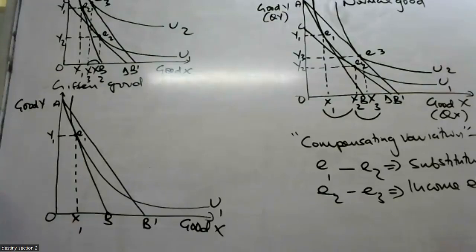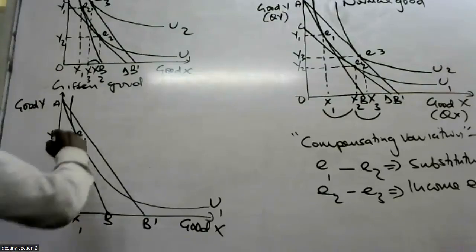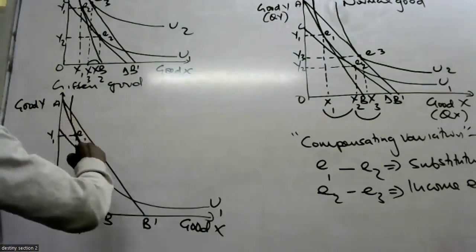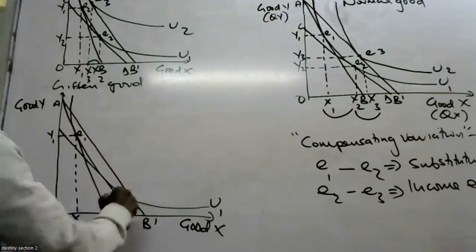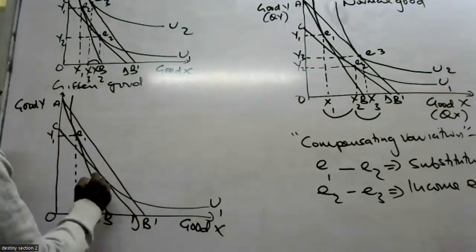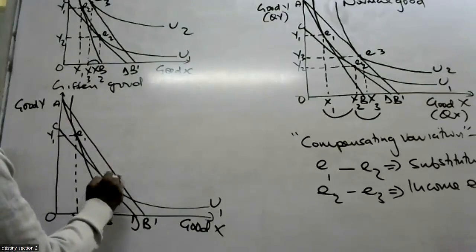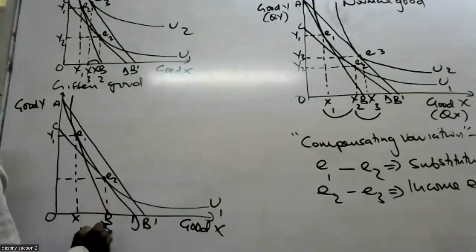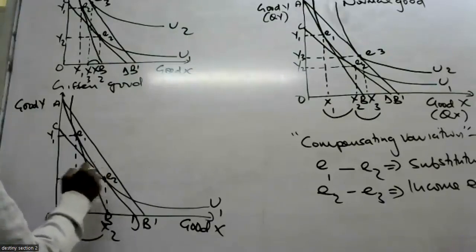I introduce the line CB of compensating variation. It touches the budget line from below there. So CB. That's how you create E2. So X2. So the substitution effect is positive, E1 to E2.